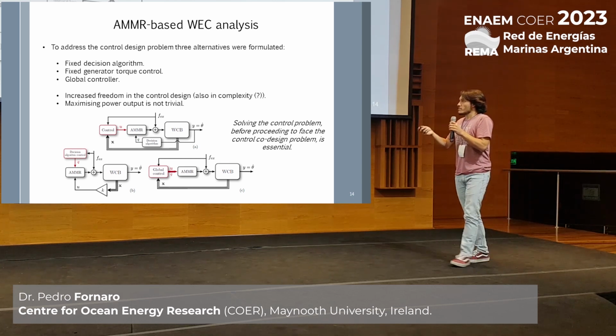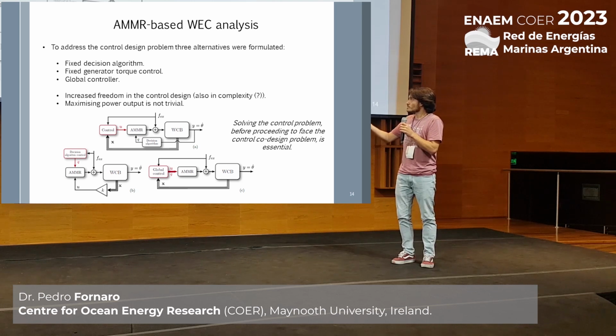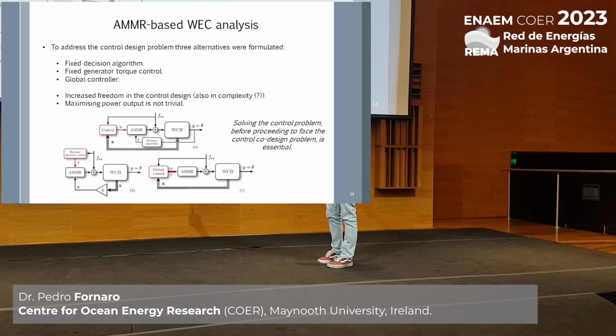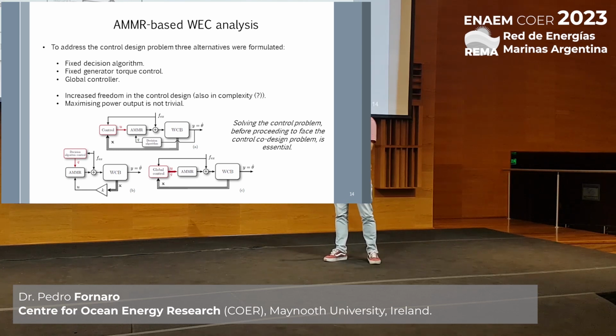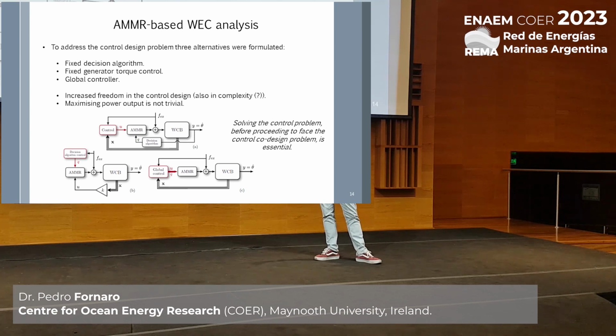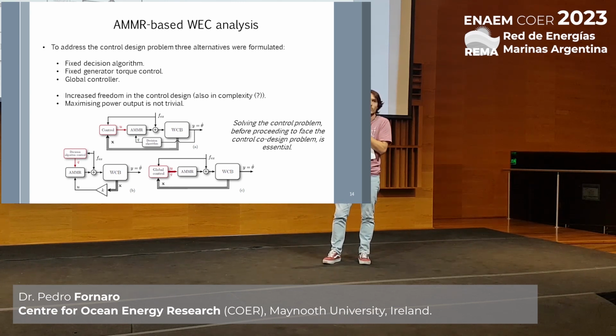For instance, in the first figure A, right there, we can fix the clutching algorithm. The clutching is the algorithm that connects and disconnects the system, and then design a control algorithm for the generator. We could do the other way around and fix the control strategy like there, in figure B, in which we fix a simple PI, and then we select and change the switching, the connection and disconnection instance.